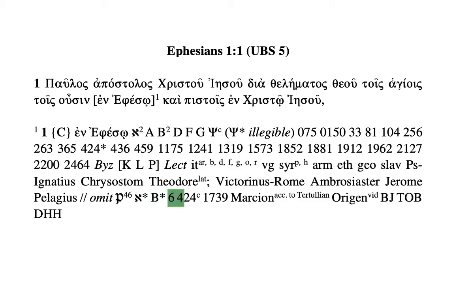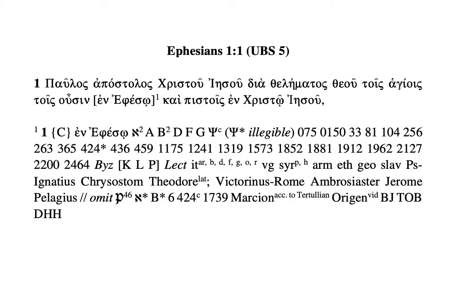Then those are the end of the majuscules and papyri, and now we have minuscules, 6, 424, corrected version of 424, and then 1739. So 3 minuscules, 2 majuscules, and 1 papyrus.